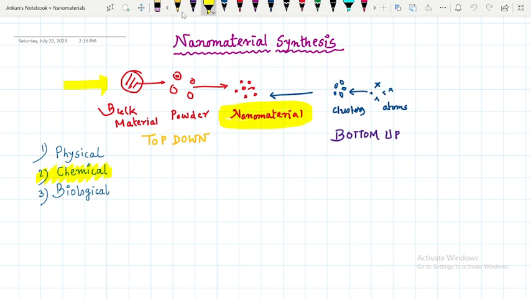But it should be kept in mind that by chemical procedures, some byproducts are generated in the system which are not desirable in the synthesis of nanomaterials. And the important fact is that here the byproducts are very hazardous to our environment.